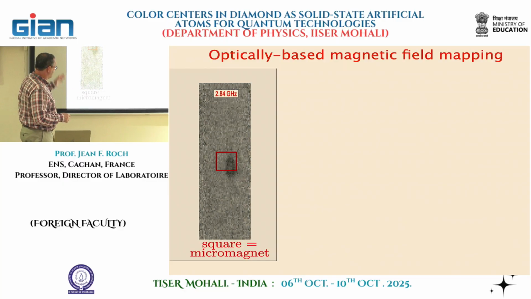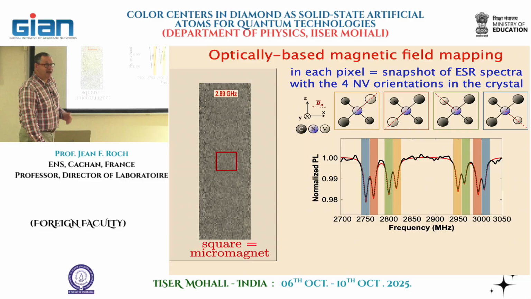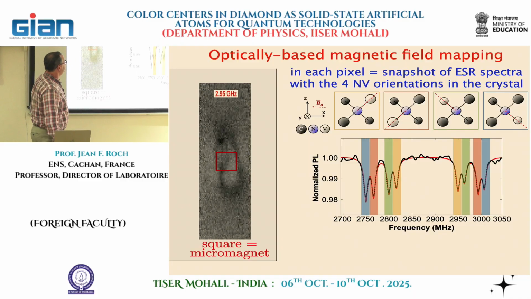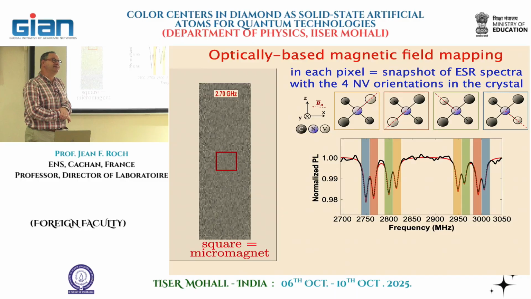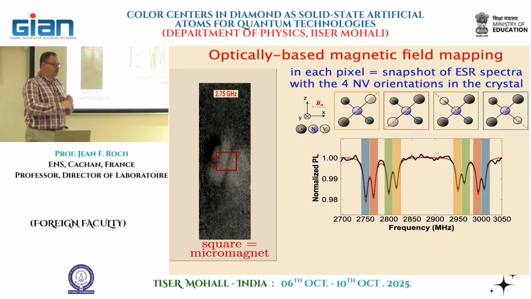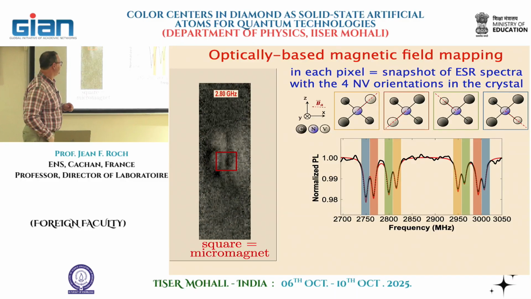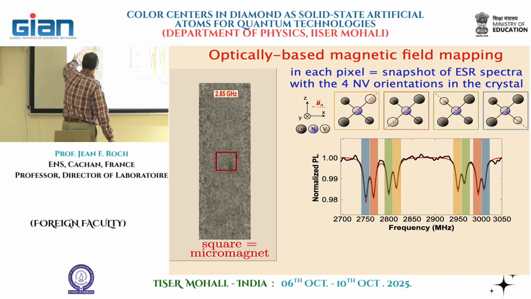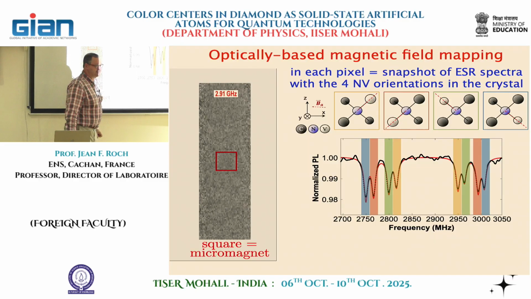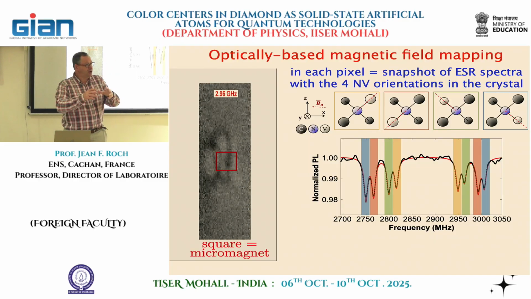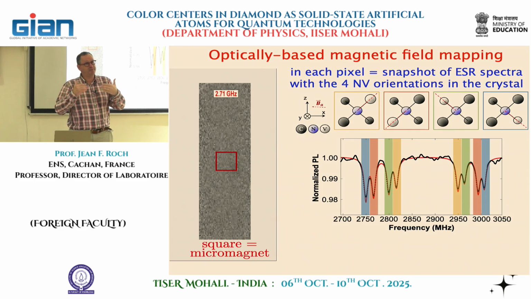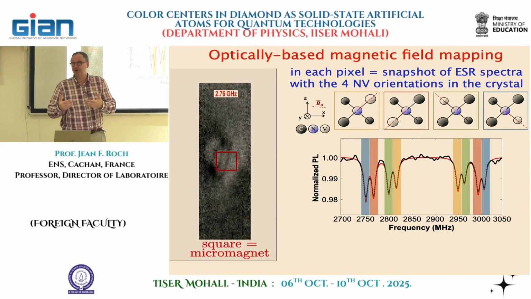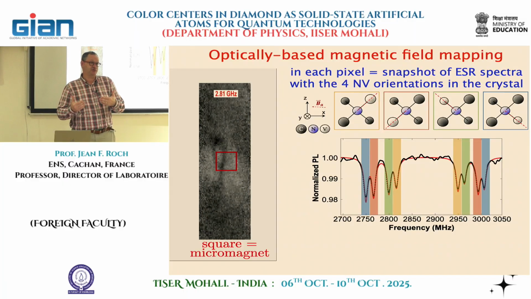Why? In the NV center, we actually have 4 orientations. We choose, for instance, a 1, 0, 0 sample, so we have 4 NV orientations. Now if we look at one pixel, we can use our set of images to get, pixel per pixel, the microwave spectrum.